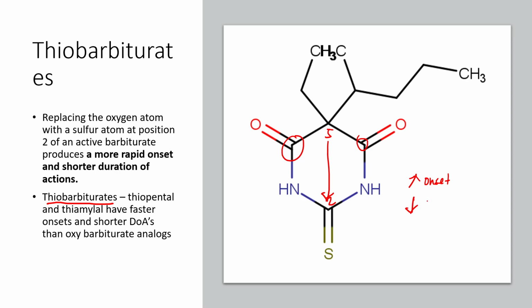However, you have a shorter duration. And this is the reason why our thiopental is primarily used in anesthesia, to induce anesthesia, because it kicks in fast and it disappears fast as well. So it can be replaced by other general anesthetics.